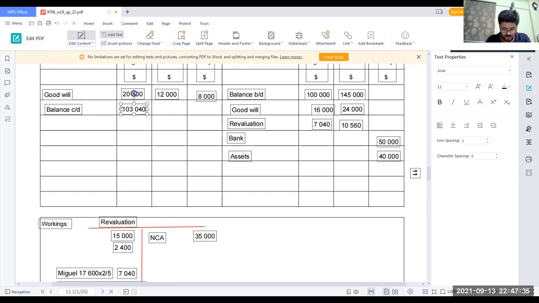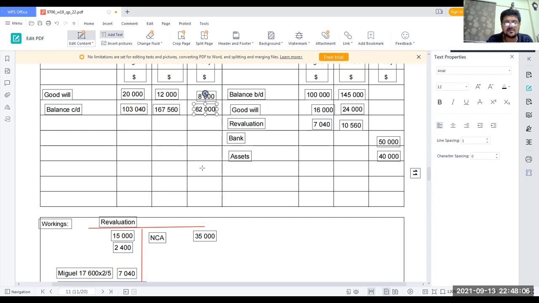Now second one, 145,000 plus 24,000 plus 10,560 minus 12,000 goodwill. 167,560. Then adding 90,000 minus 8,000, 82,000 is a closing balance.